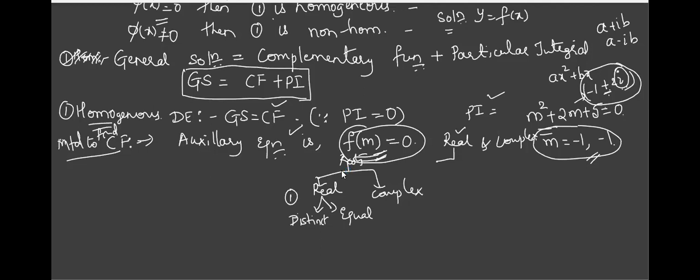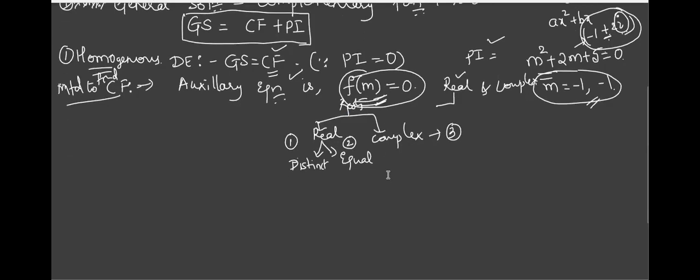First case, real and distinct. Second case, real and equal. And if you get complex, that is the third case. So depending on the nature, we are going to write the complementary function.